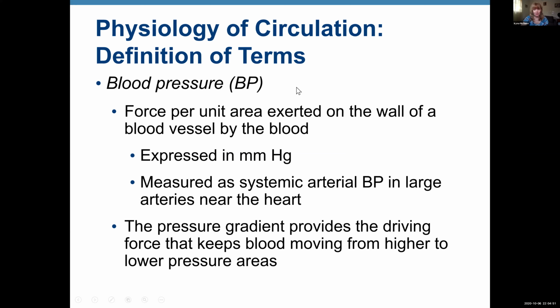Now, blood pressure, that's another terminology. It's the force per unit area exerted on the walls of the blood vessels by the blood. So when your blood flows through your blood vessels, it exerts some pressure, and this pressure is called blood pressure. It's measured in millimeters of mercury.